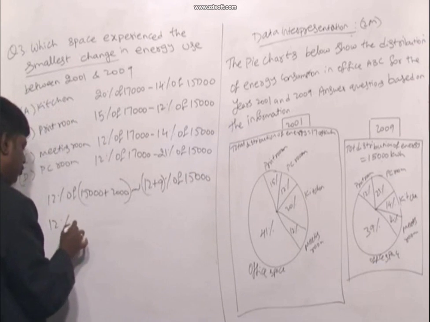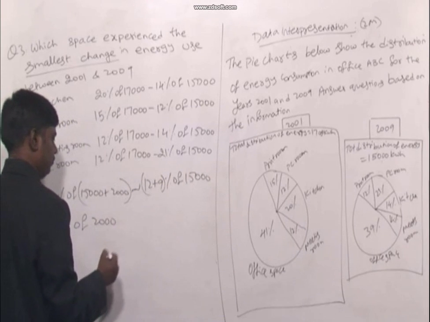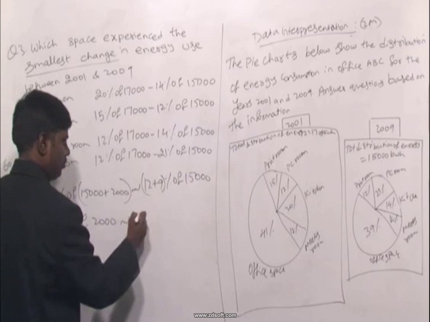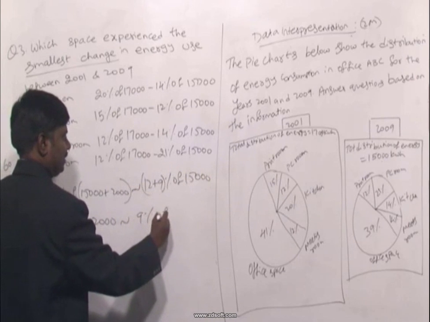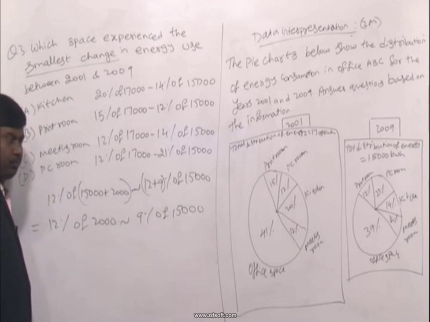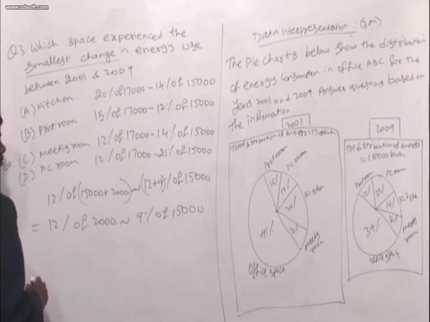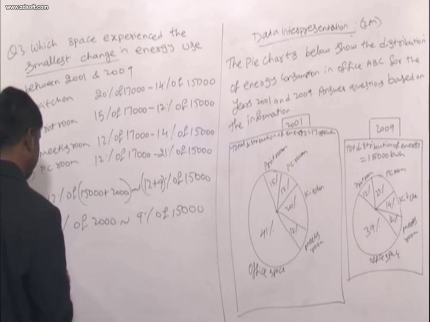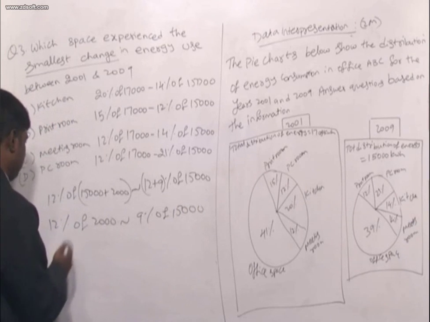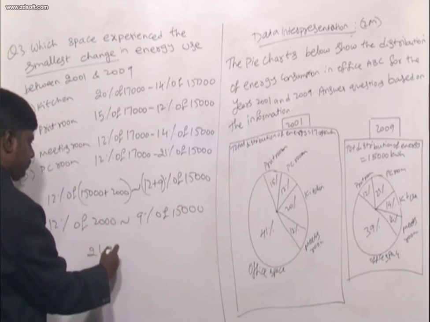So 12% of 2,000 compared to 9% of 15,000. Right? $240.